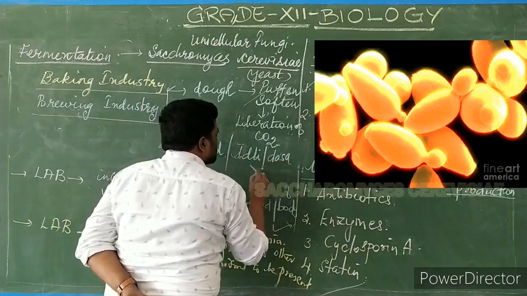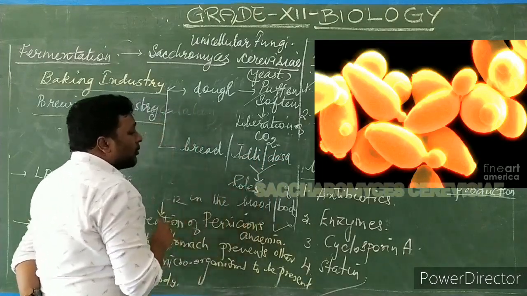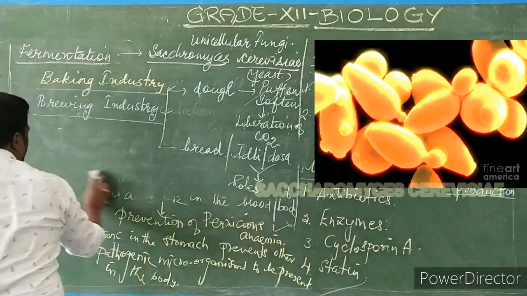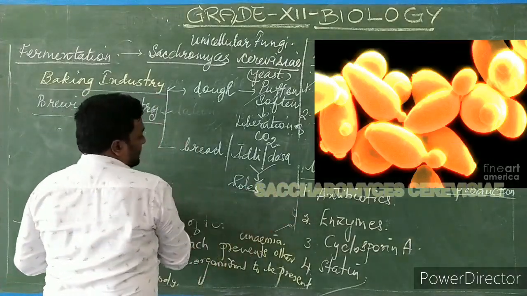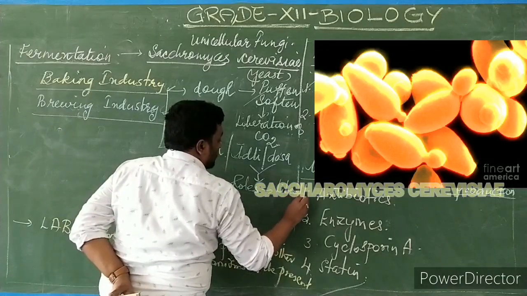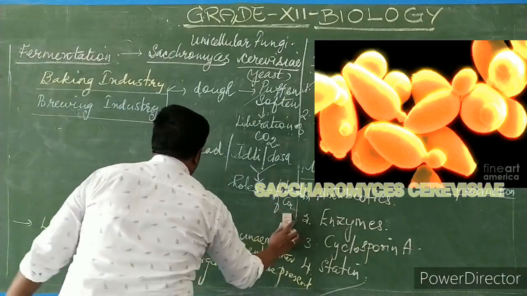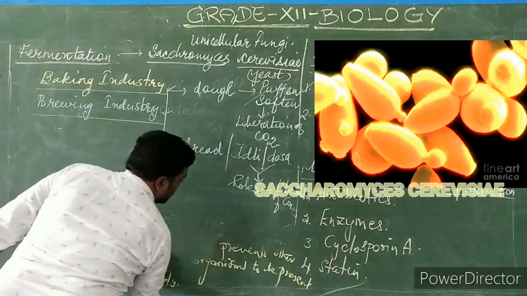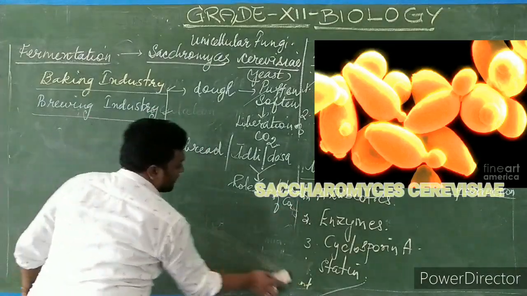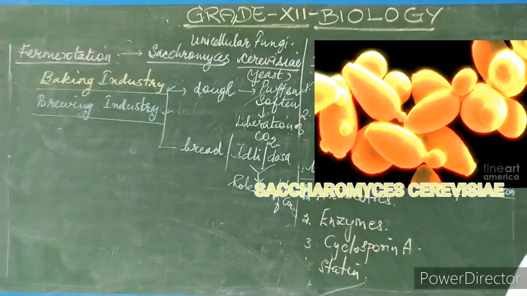In idli and dosa, you can see the holes, the pores. The holes or pores indicate the production, the liberation of carbon dioxide.